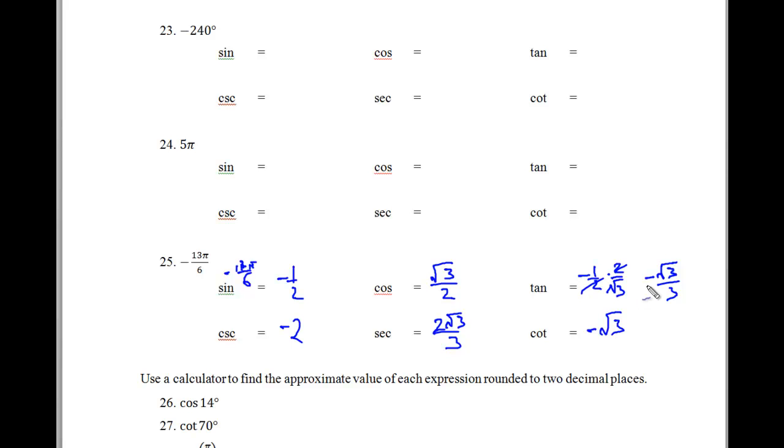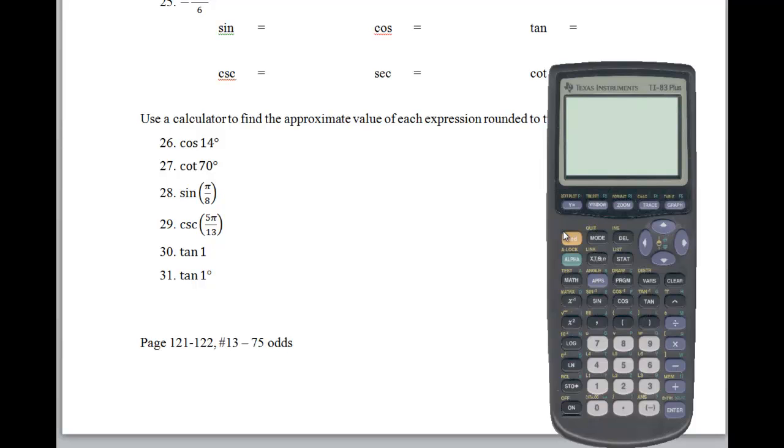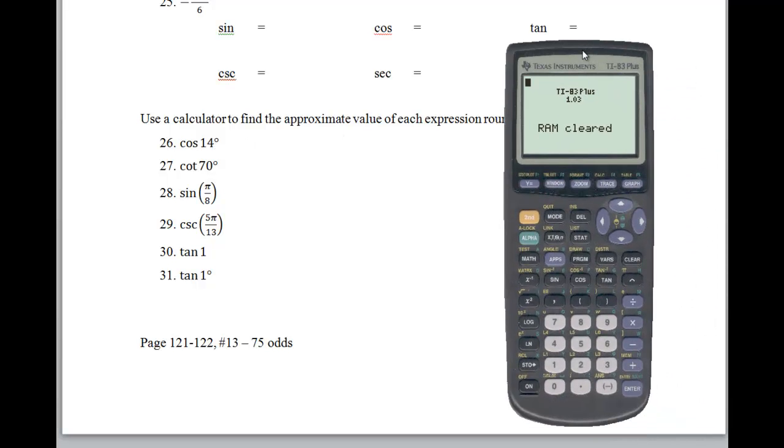But the last part is the part you get to use your graphing calculator on. And I would strongly recommend when doing the calculator portion that you pay close attention to the mode that your calculator is in. So what we're going to do here is take our calculator and use it to find all of these approximate values within 2 decimal places.